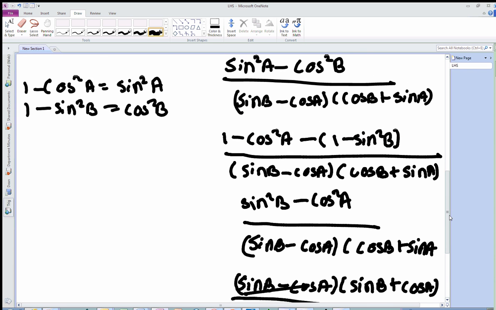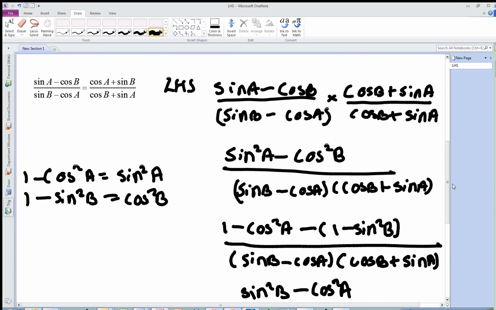Right, let's go back up a little bit. The very first thing we did, we started with the left hand side, and we knew that this is what we wanted as a denominator, so we just multiplied by it, and then we left it by itself on the bottom line. We knew that the top line had to in some way factorize out so that that would cancel.